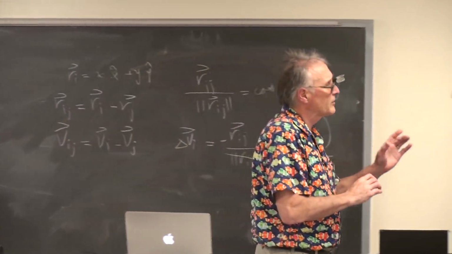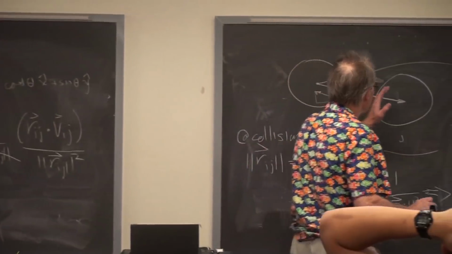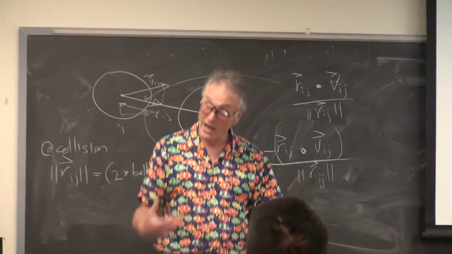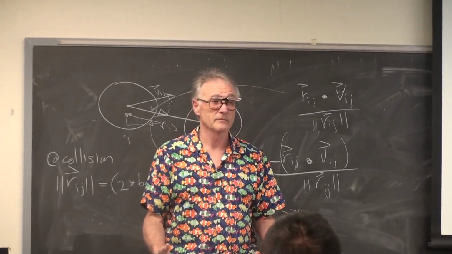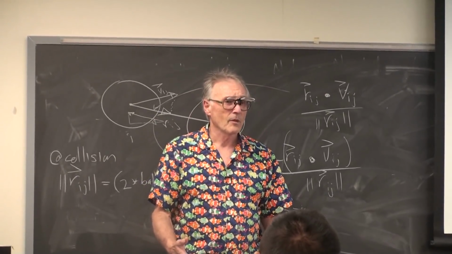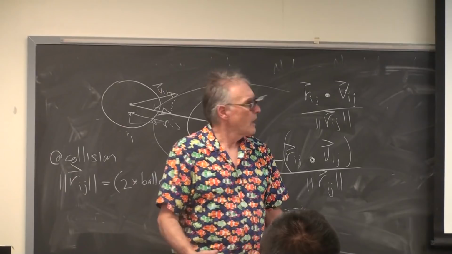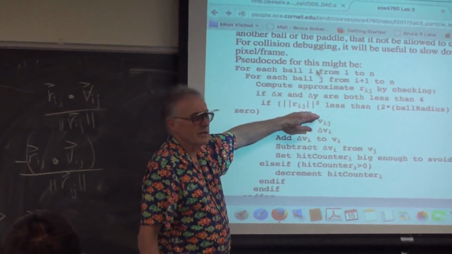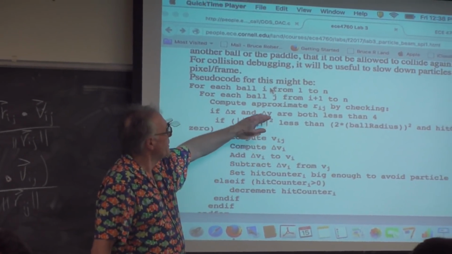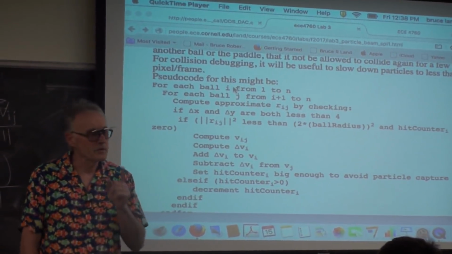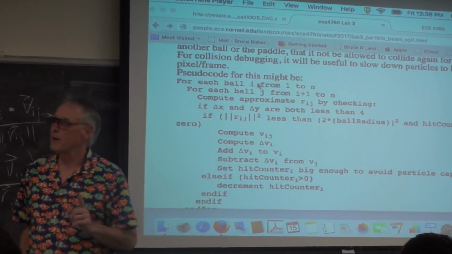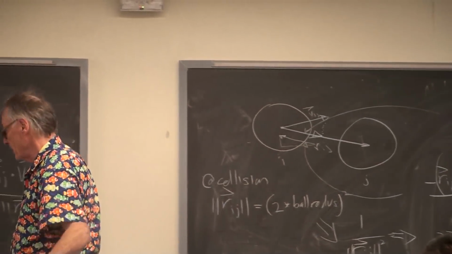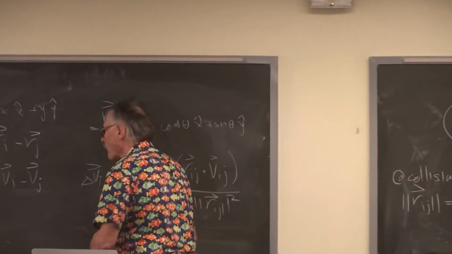If either delta x or delta y, the difference in coordinate between the two balls, is greater than 4, there can't possibly be a collision on that step. And then we're going to compute the exact radius. Why do you think I broke that? Well, that's a really obscure question. This turned out to be a bug a couple of years ago that took the students and me a long time to figure out.